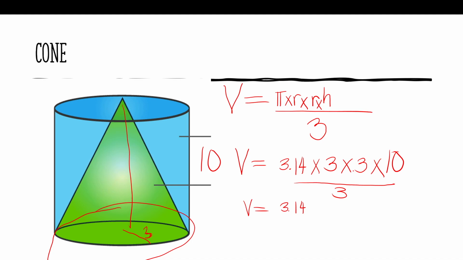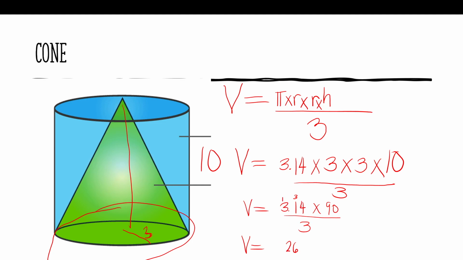So 3 times 3 is 9. 9 times 10 is 90. So 3.14 times 90. So multiply ulit. Iwanan muna natin si 0. Sa 9 lang i-multiply natin. 9 times 4 is 36. Group 3. 9 times 1 is 9 plus 3 is 12.